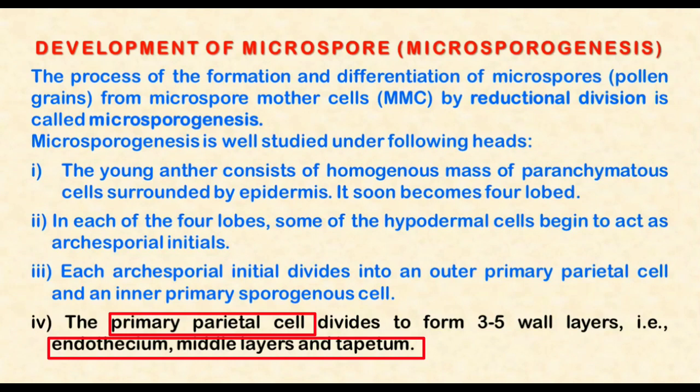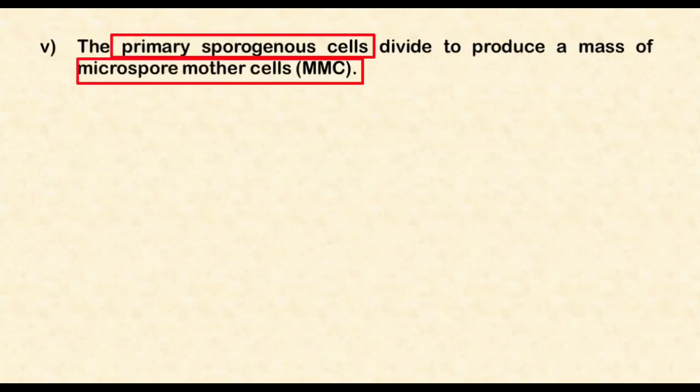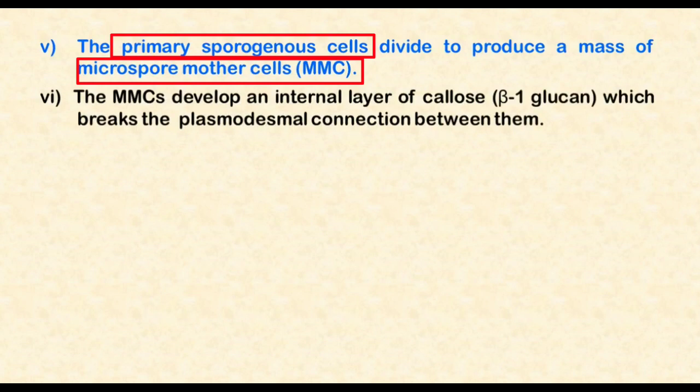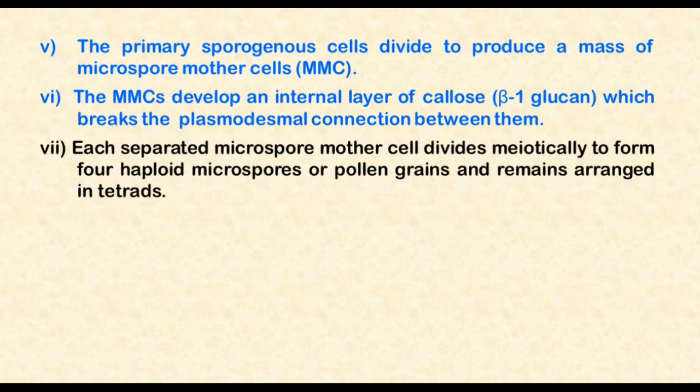The primary parietal cells divide to form 3 to 5 wall layers, and these are endothecium, middle layer and tapetum. Primary sporogenous cells divide to produce a mass of microspore mother cells. The microspore mother cells develop a callus which breaks the plasmodesmal connection between them.